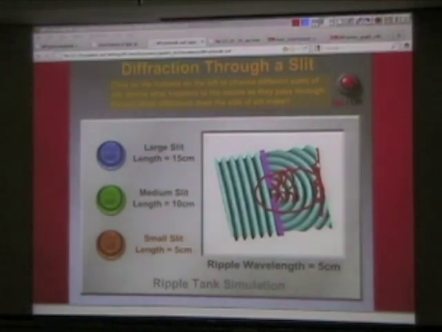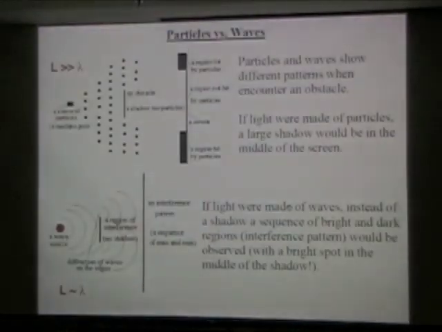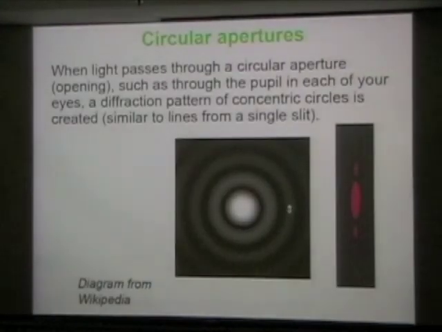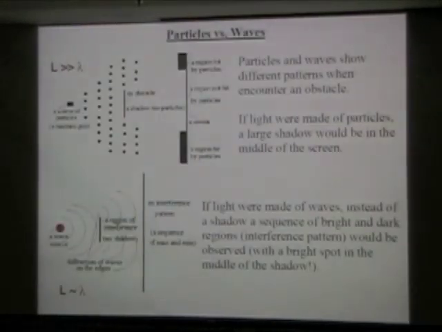Well, historically, the experiment was not with an opening. The experiment was with an obstacle. So if you place some object in the way of particles, you observe a shadow behind it.